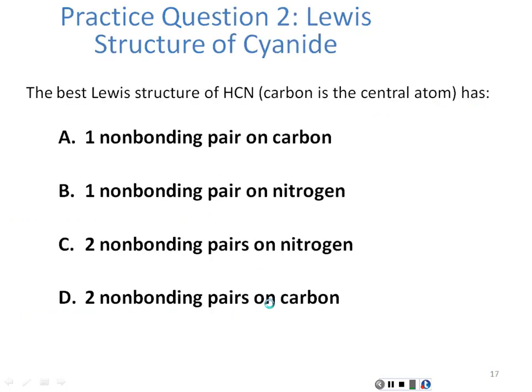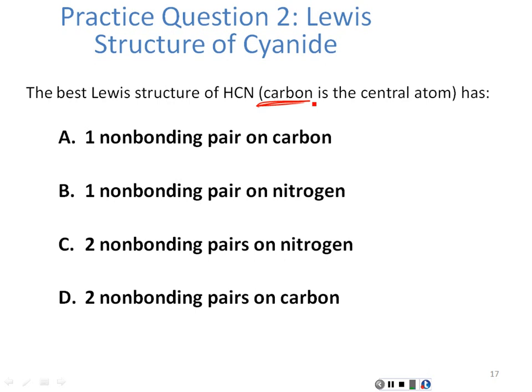Okay. Practice question 2. Draw the best Lewis structure of cyanide. And the hint here, carbon is the center atom. Remember, it has the highest binding capacity. So what is true about the structure of cyanide?